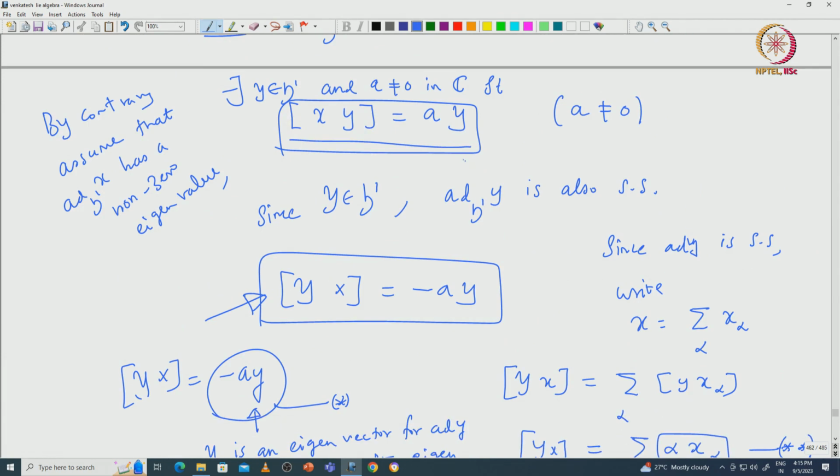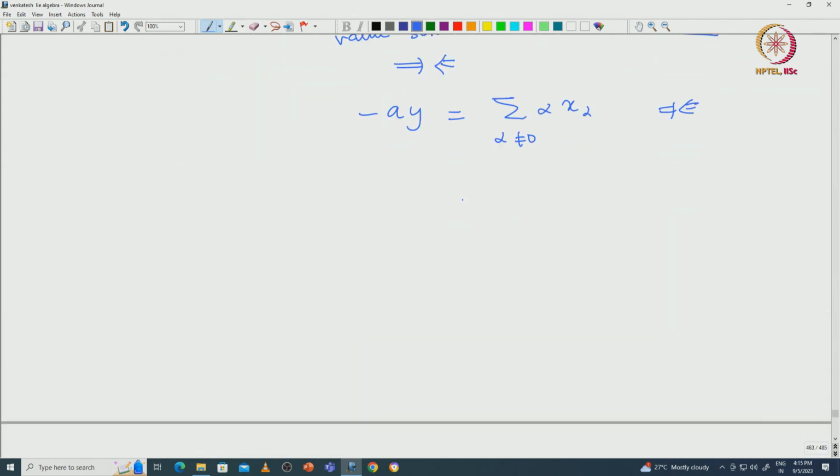So, that forces a to be 0. That means ad x restricted to H' is 0 for all x in H'. So, that implies H' is abelian. So, indeed this proof tells us that any toral subalgebra must be abelian.